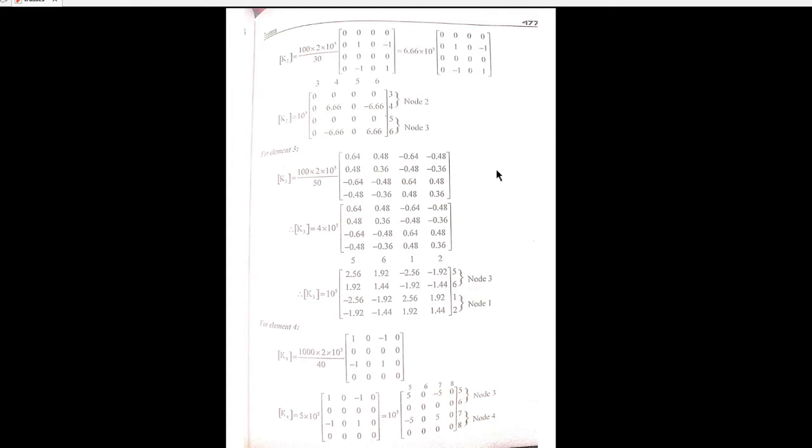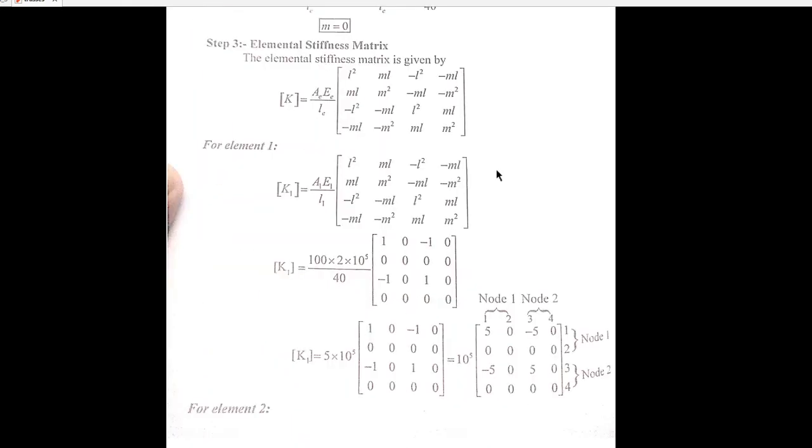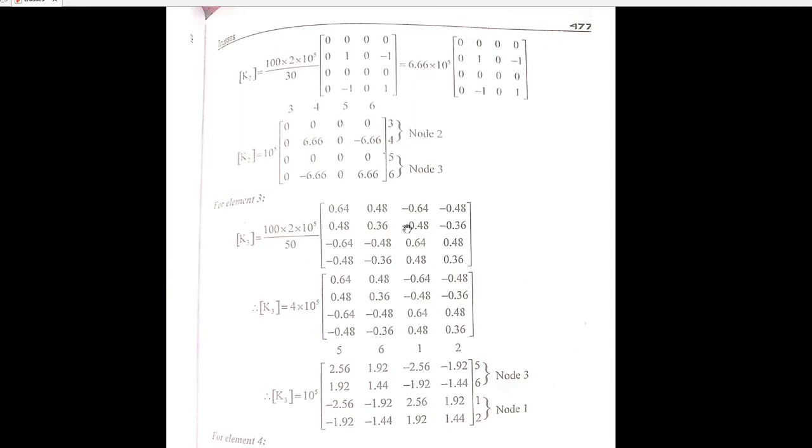So K2 is over. Similarly K3. What are the L and M values for K3?